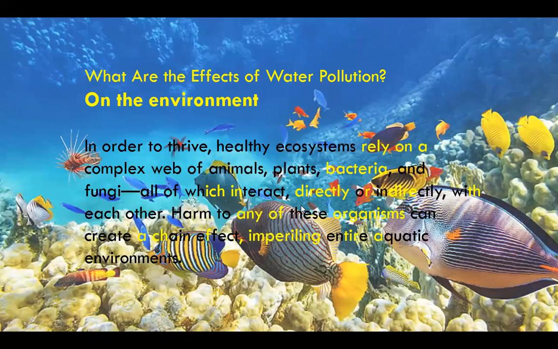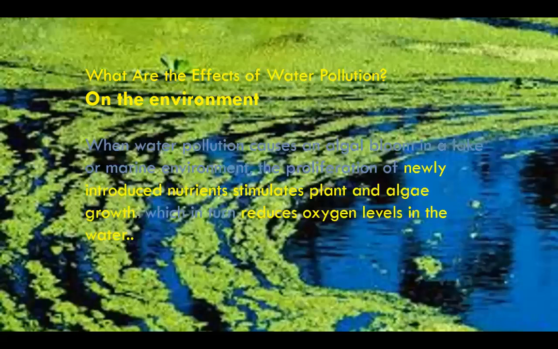Our environment, in order to thrive, healthy ecosystems rely on a network of all types of living beings, and harm to one will cause a chain effect on the others. For instance, there's algal bloom that reduces oxygen in water.